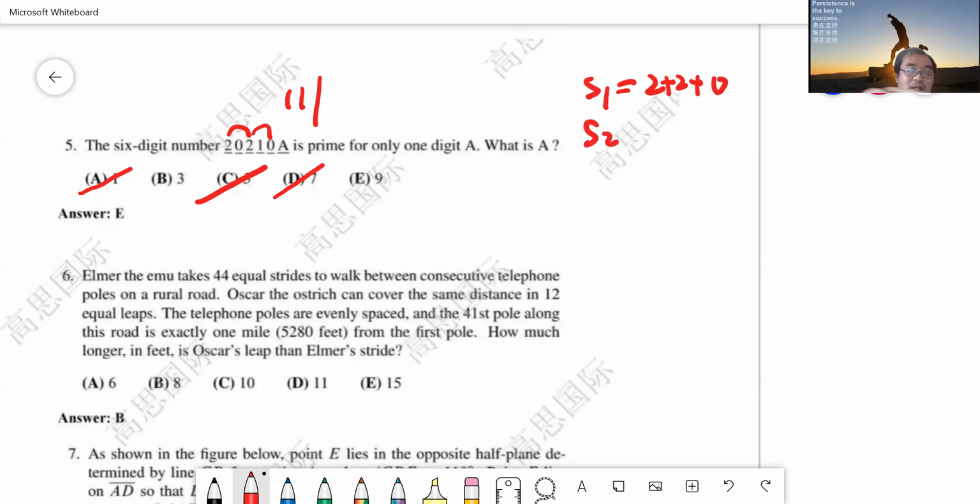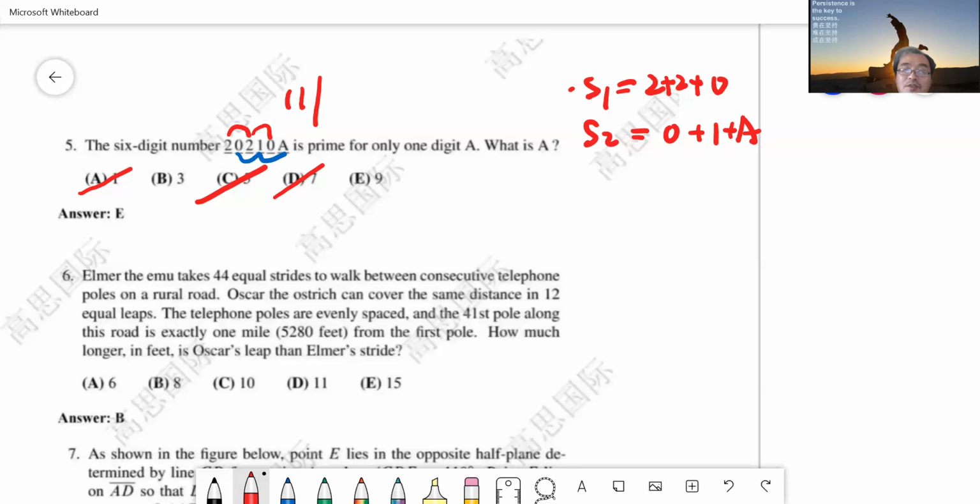The sum 2 is the other 3 digits here. So that's going to be 0 plus 1 plus 8.